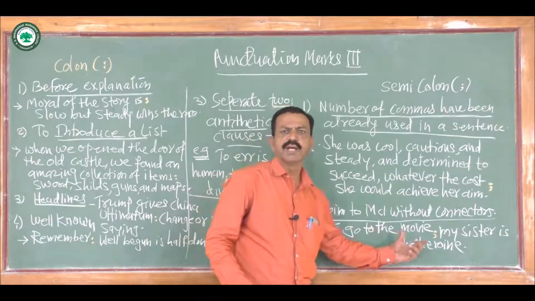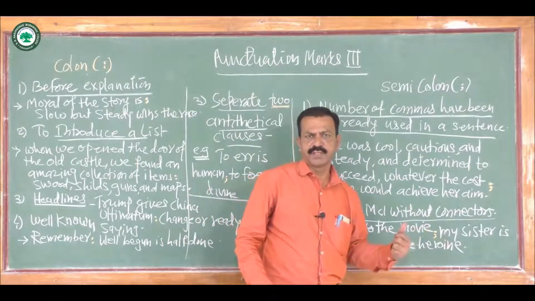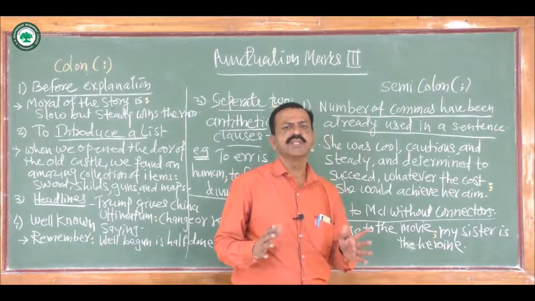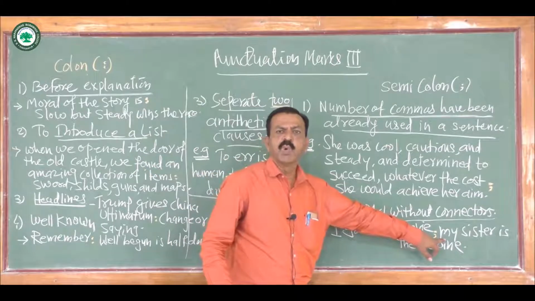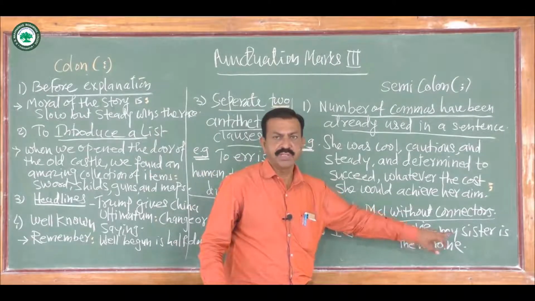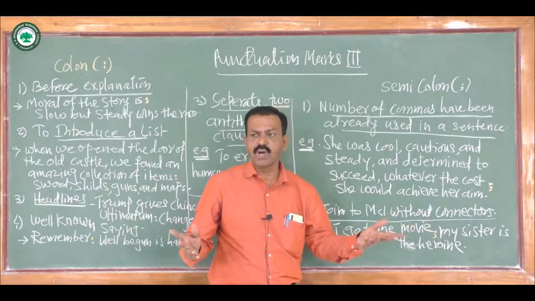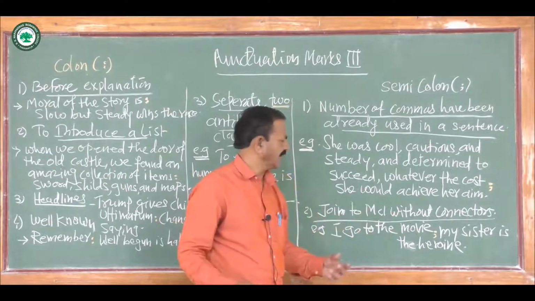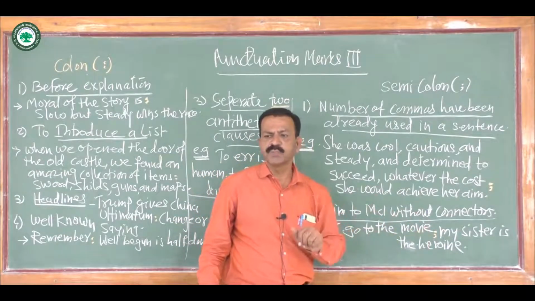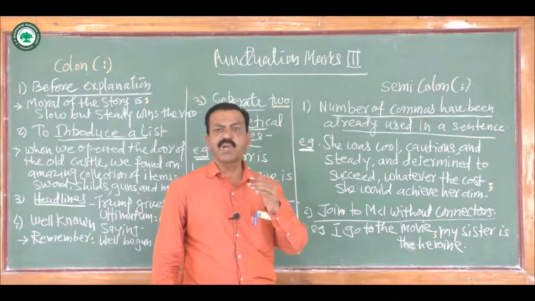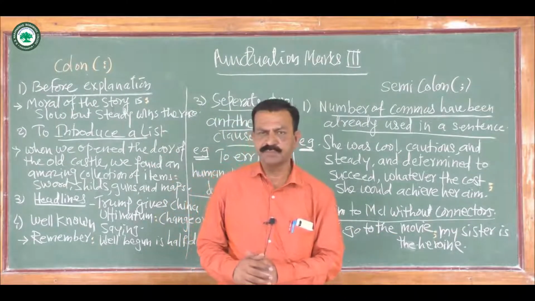So both are main clauses. No subordinate clause is used here. You see no connector is used; there is no and, or, but, so. So we have to put the semicolon here. This is also an important use of semicolon.